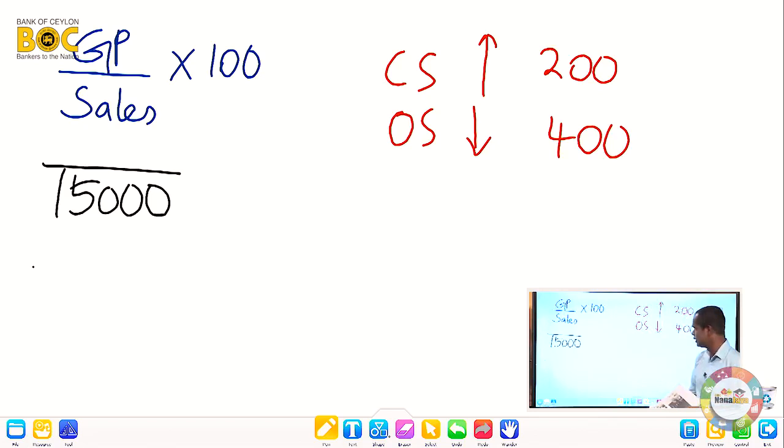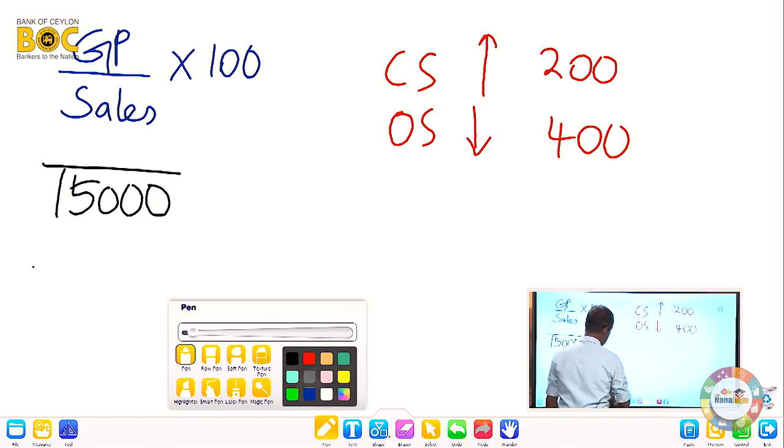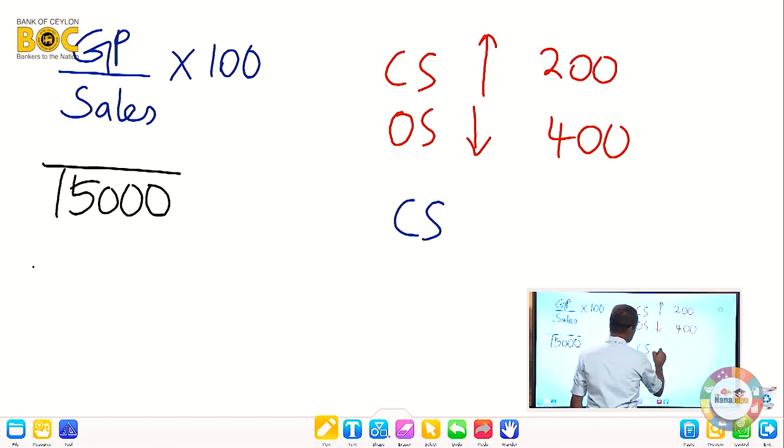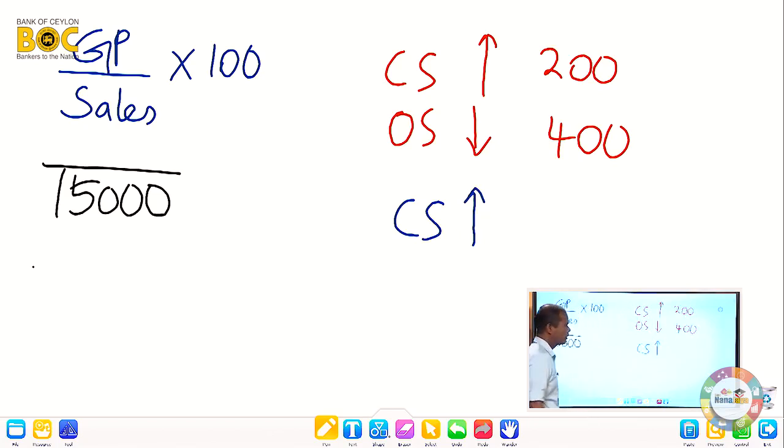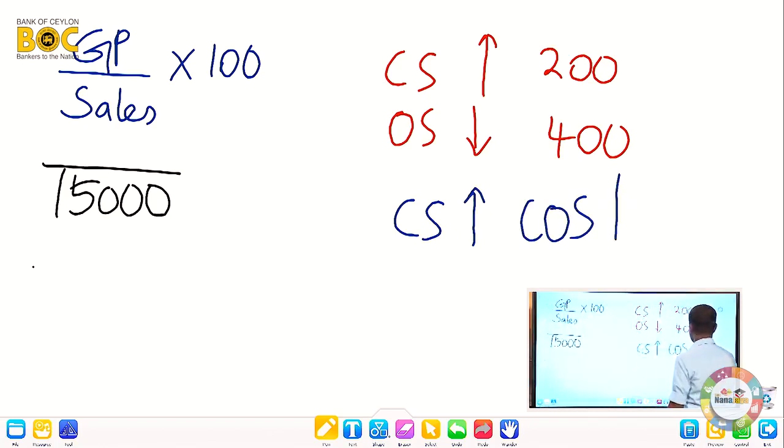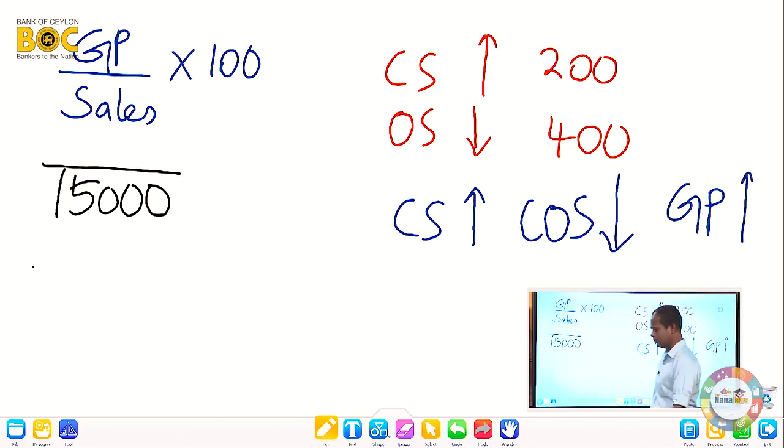And we have learned that when the closing inventory is overstated, your cost of sales is understated and the gross profit is overstated.